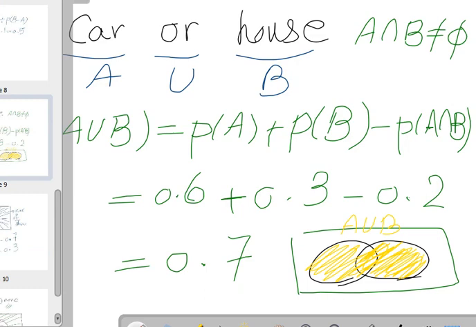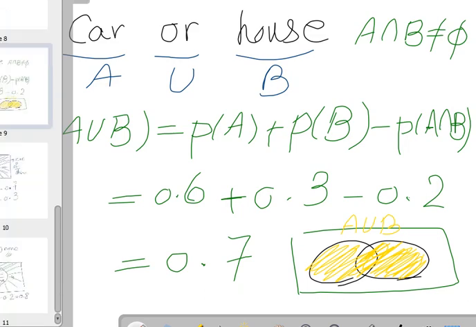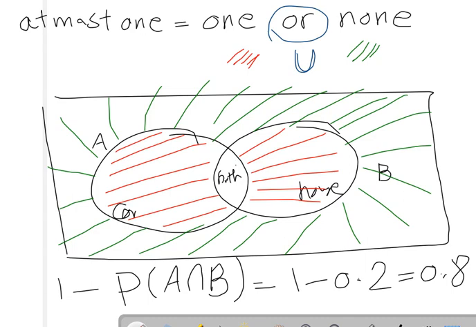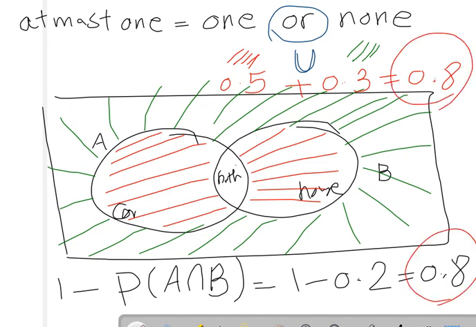Again, you can see that we can also write 0.5 plus 0.3 is 0.8. Both of them are the same.